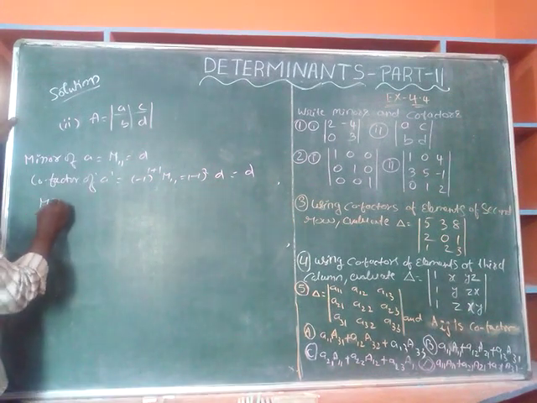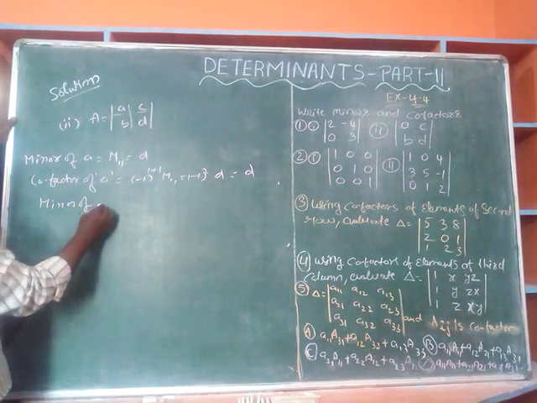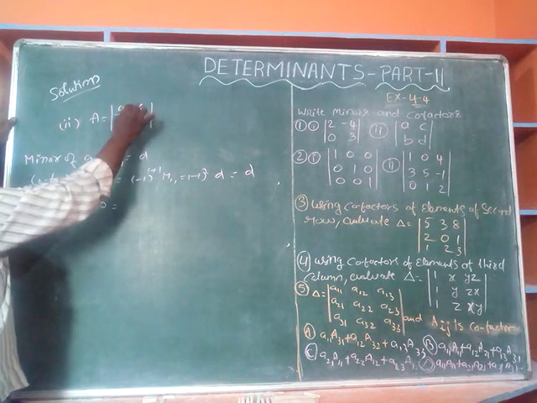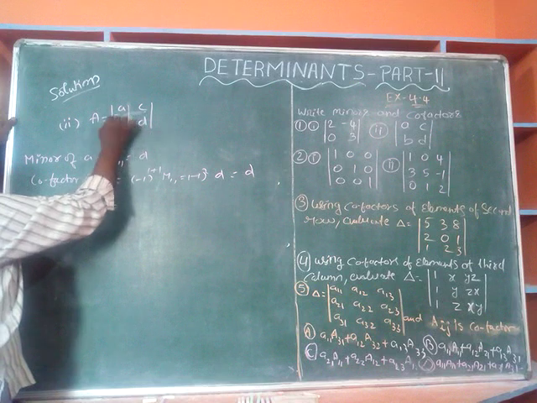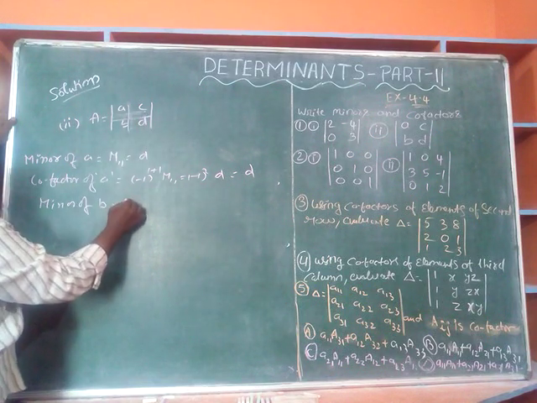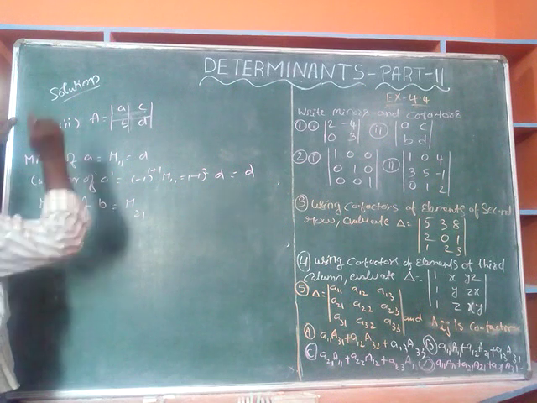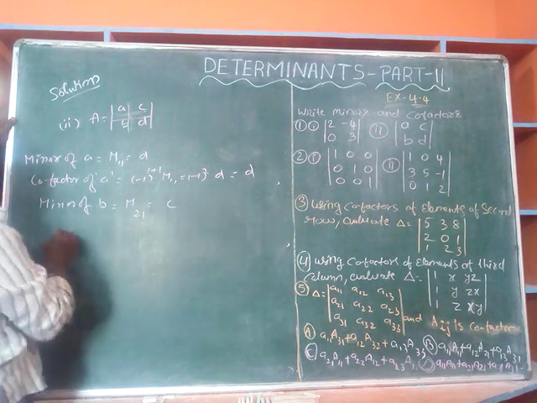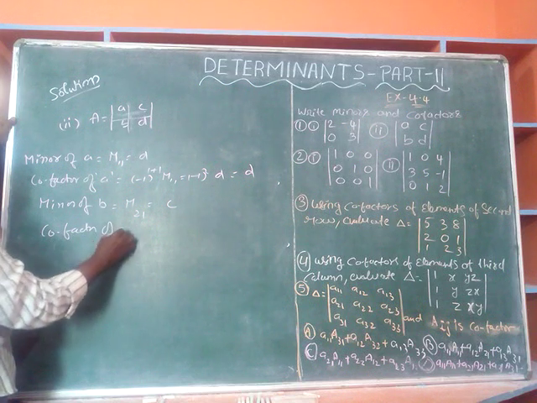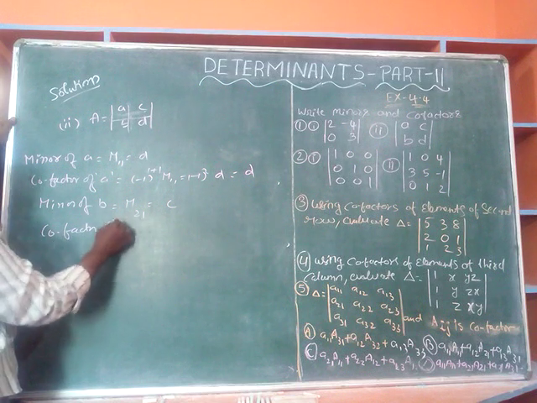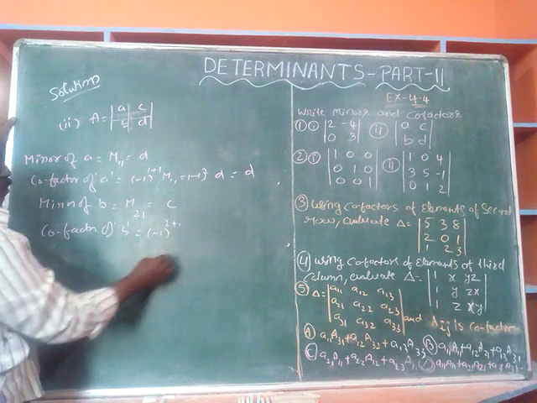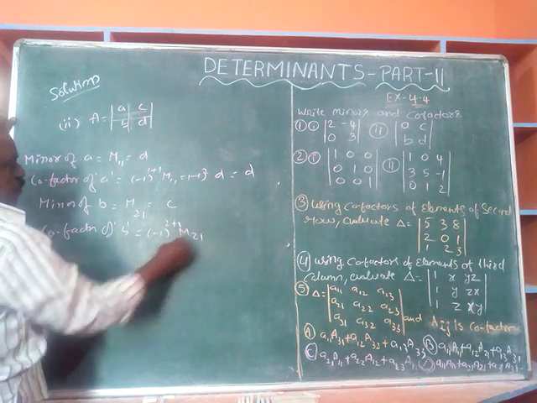Similarly, minor of B, the row and column is deleted. That is M21, its value is C. Cofactor of the same element B is (-1) power 2 plus 1 into M21.